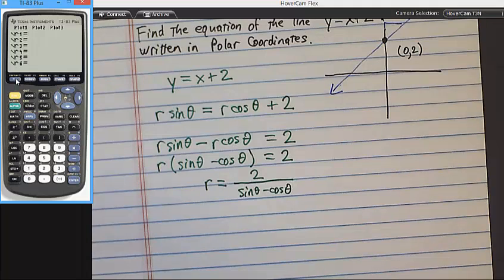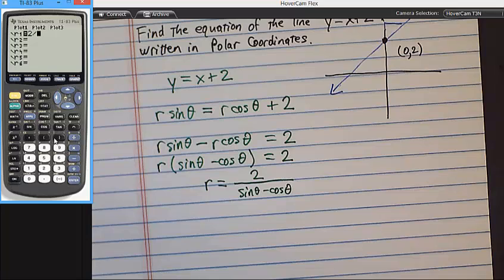When you type it in, guys, you want to put the whole denominator in parentheses so that it divides by that entire thing. So watch what we do. R equals 2 divided by, open parentheses, sine. Now, how do you get theta?